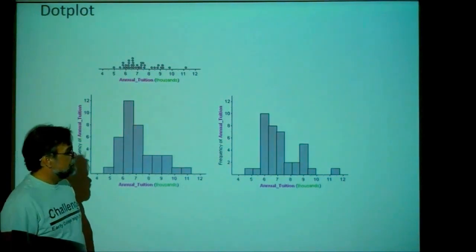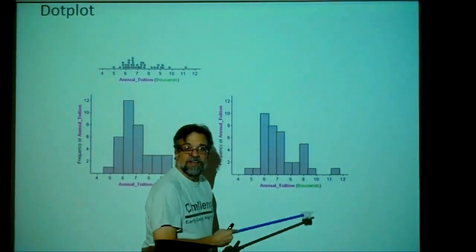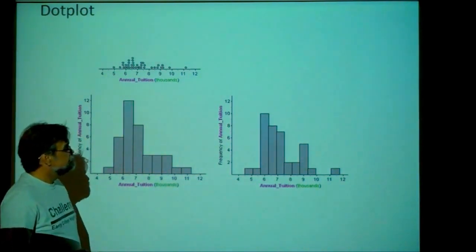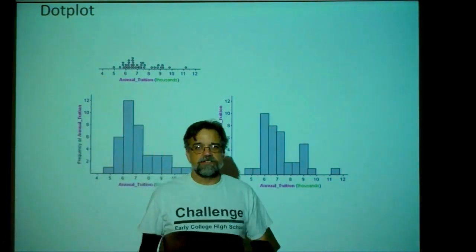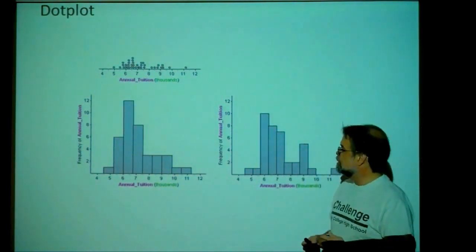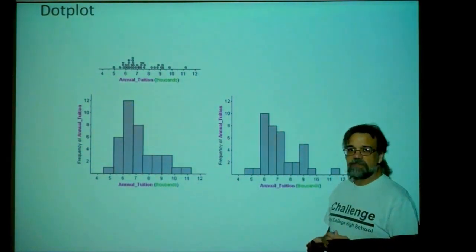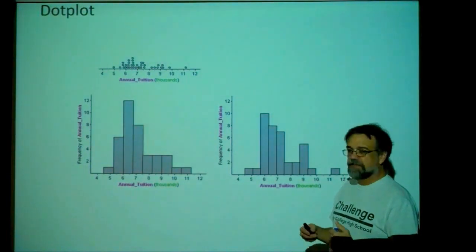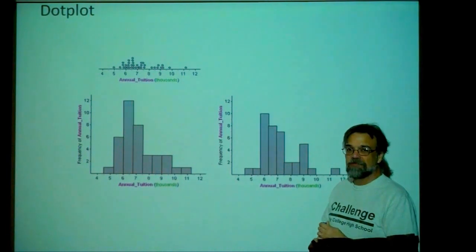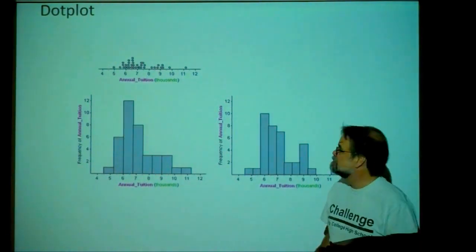And so now, this guy looks a lot more like an outlier than it did over here, where it looked more connected. There's no correct answer about the correct bin width. Basically, it needs to be the width that kind of tells you the most about the data set. And I realize that's a very fuzzy definition, but that's the best I can do.